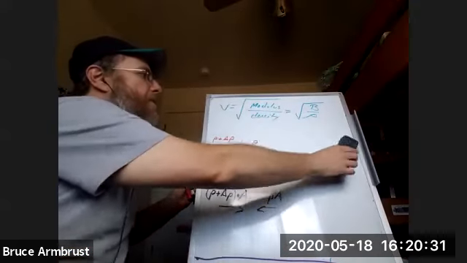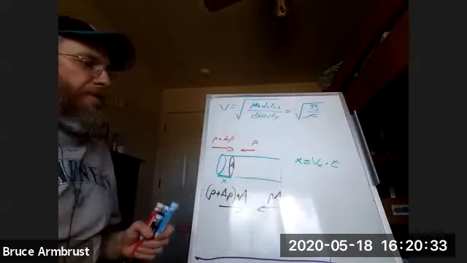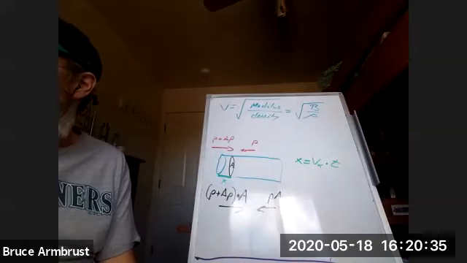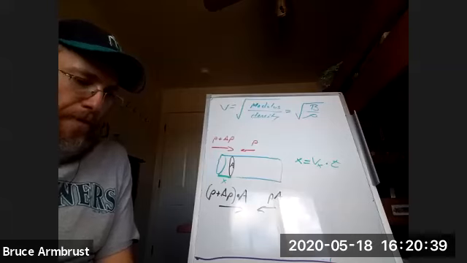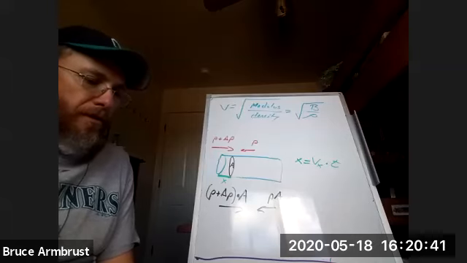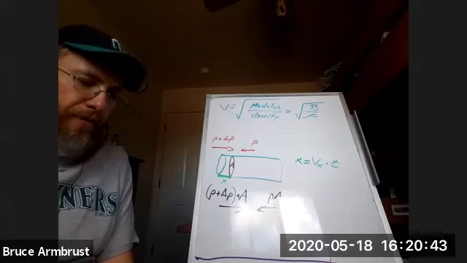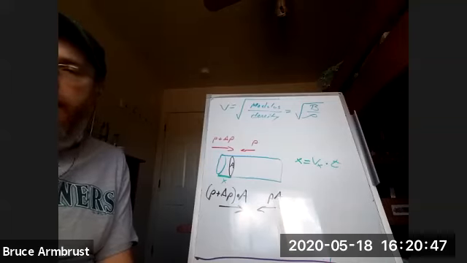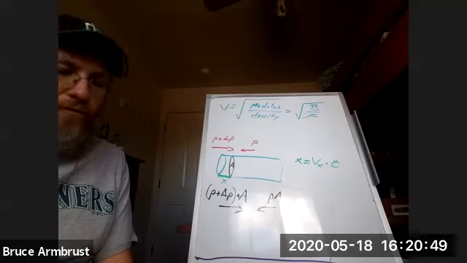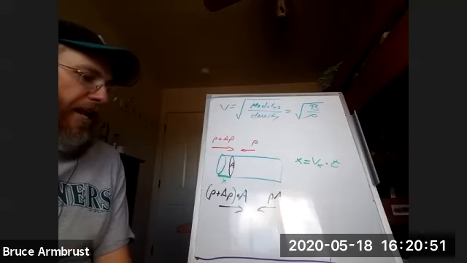So let's calculate the bulk modulus. So when we looked at the modulus, it was force per area. Okay, it's the force per area divided by the strain, how this thing actually changed.